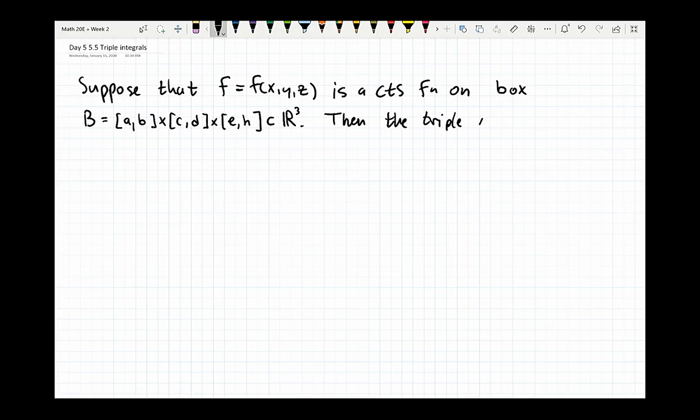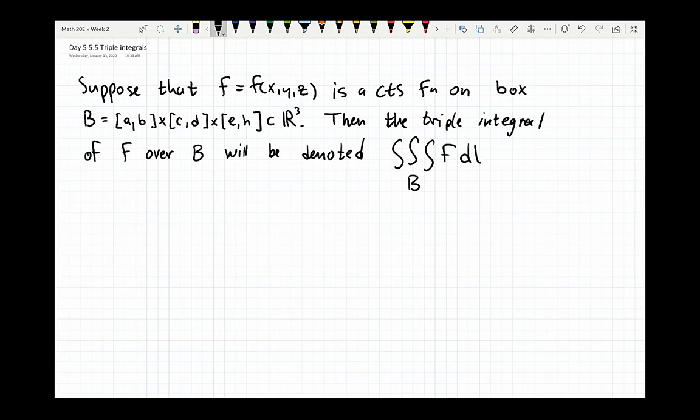the triple integral of f over B will be denoted, we use 3 integral signs. And there's actually a few different ways we can write it.